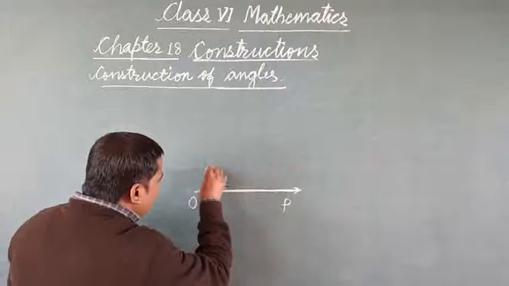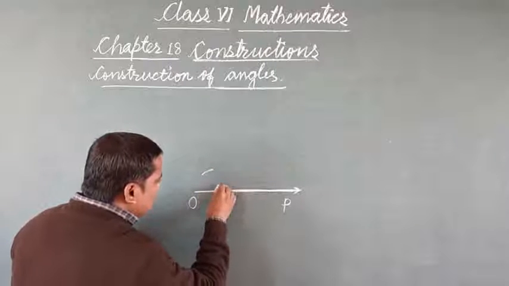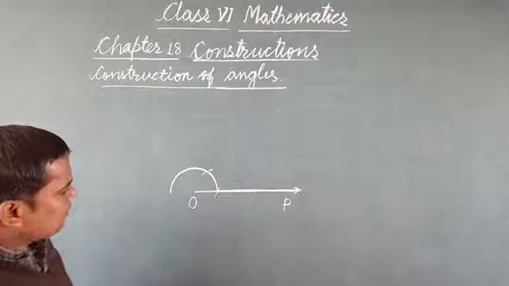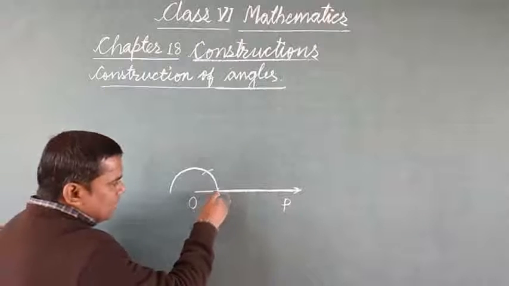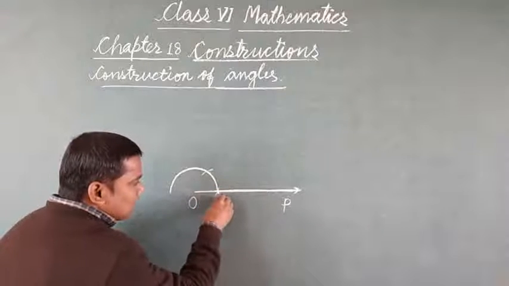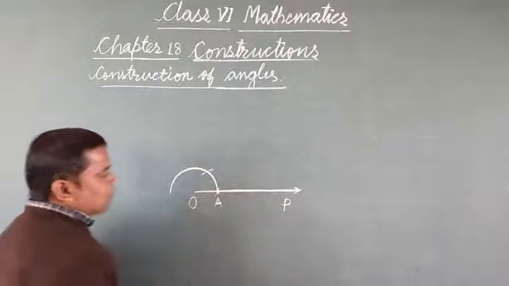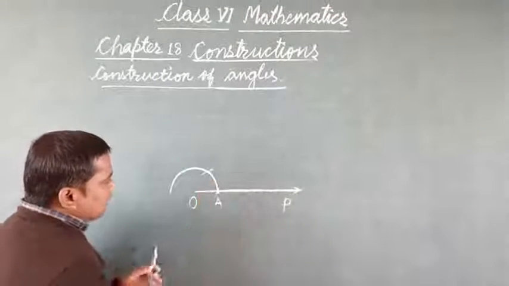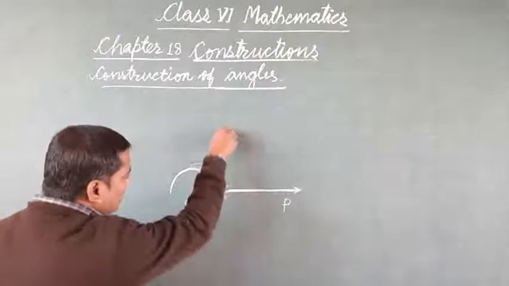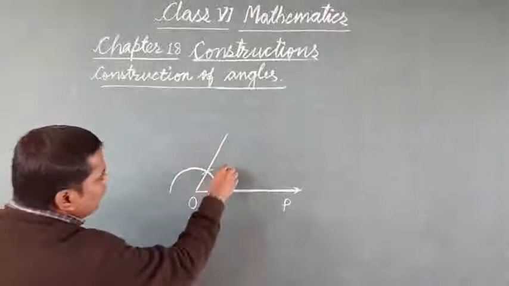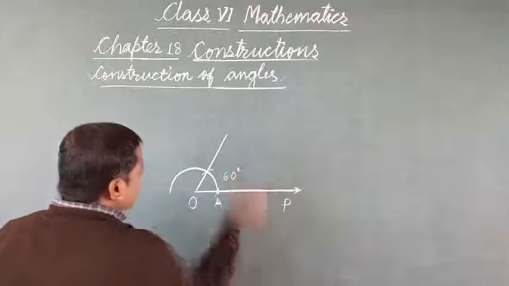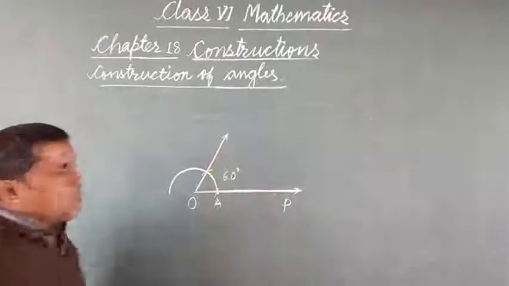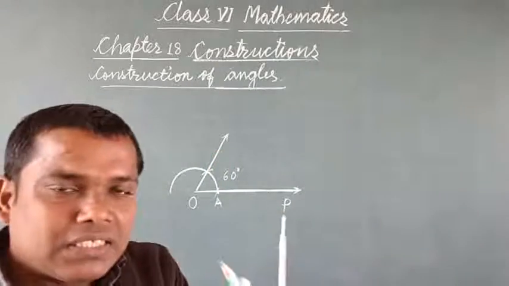Then the point of intersection, say point A, with the same radius I have cut on it. This angle is of 60 degree. This angle is of 60 degree with the help of compass.